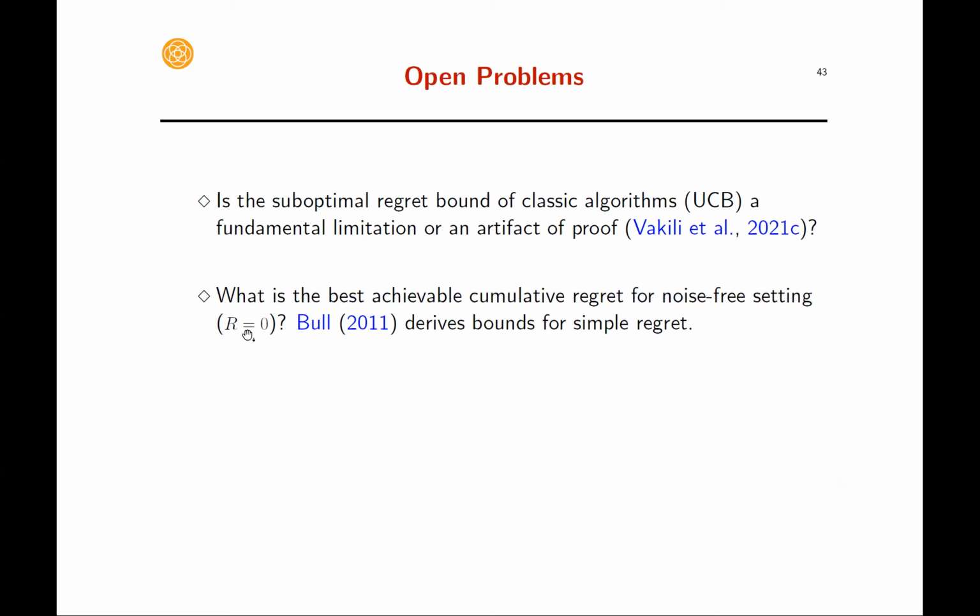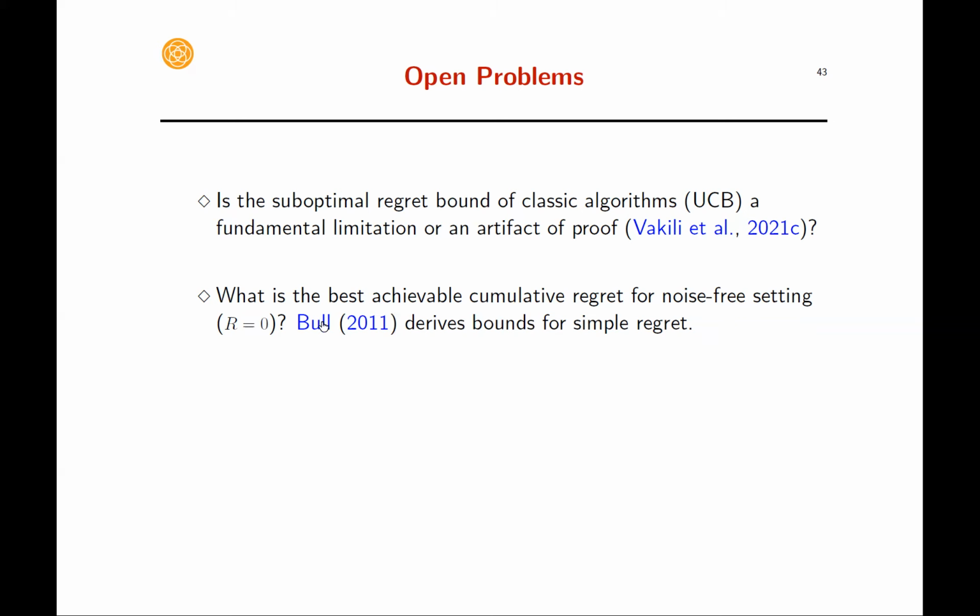One way is to just set R equals 0 in the results that we have for the noisy setting. But that seems to result in loose regret bounds for the noise-free setting. We probably hope to get tighter regret bounds for the noise-free setting rather than a direct application of the results in the noisy setting.